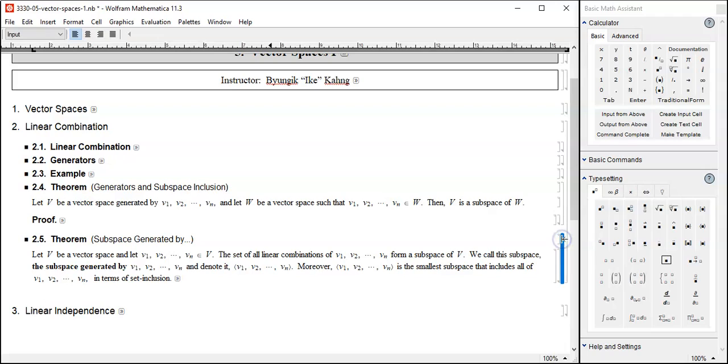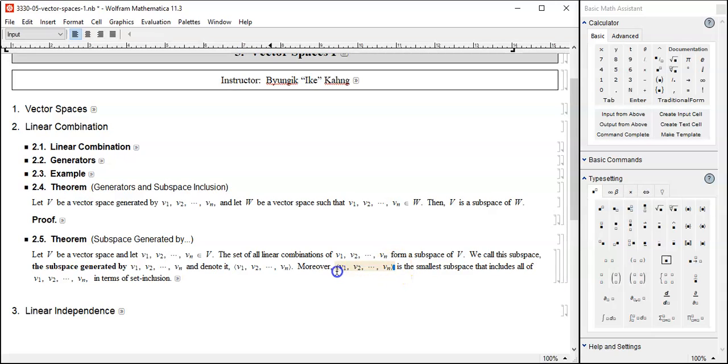How about the next one here? Let V be a vector space and let V1, V2, all the way to Vn belong to capital V. And the set of all linear combinations of V1, V2, and so on, forms a subspace.